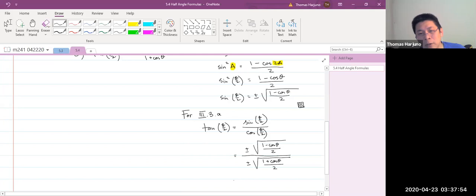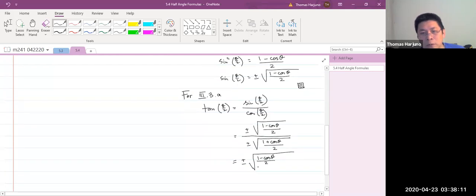Going further, plus minus, we don't know if plus or minus, we keep it plus minus here. Inside we will get 1 minus cosine theta over 2 over 1 plus cosine theta over 2.